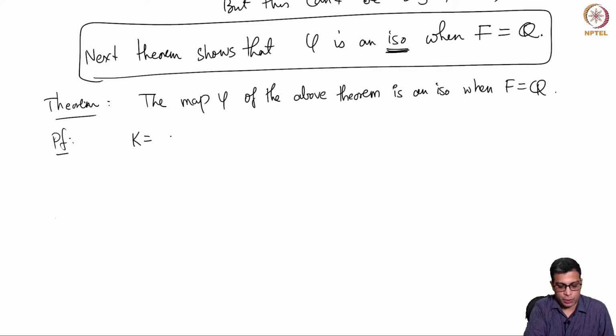So you have K equals the splitting field of x^n minus 1 over Q.